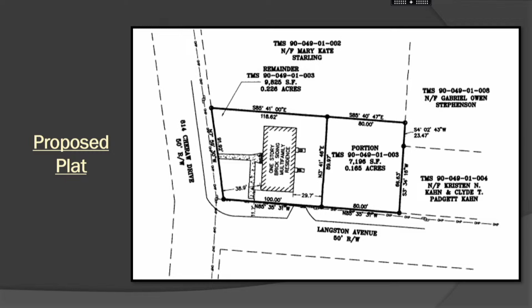In the NC-10 district, the requirement for all new parcels is 10,000 square feet with an 80-foot street frontage. So this would meet the 80-foot street frontage, but it would leave two parcels that are both quite a bit underneath the minimum requirement for new parcels of 10,000 square feet. And the purpose is to build a single-family home on that new parcel.